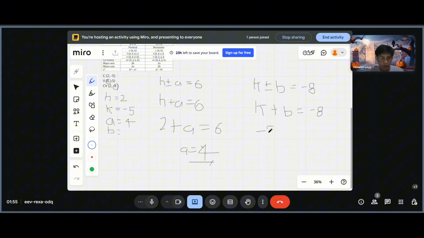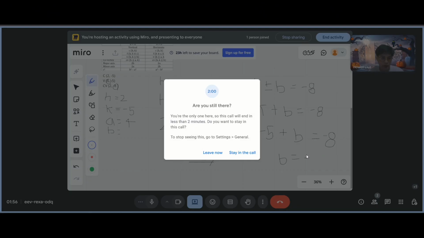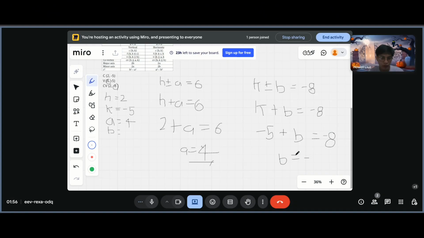Negative 5 plus b is equal to negative 8. So now we consider b to be negative 3.